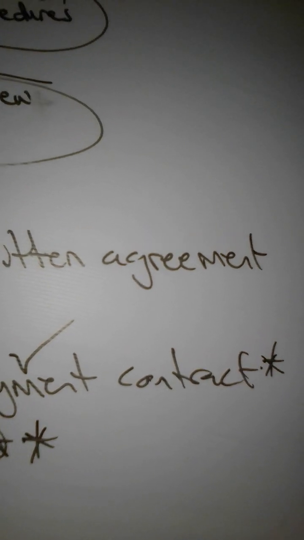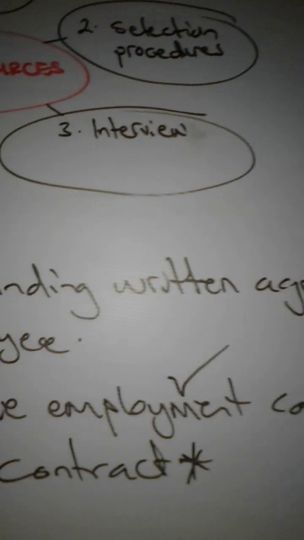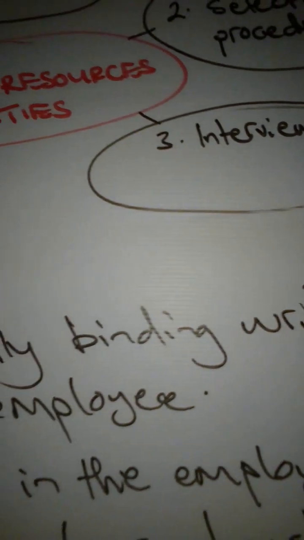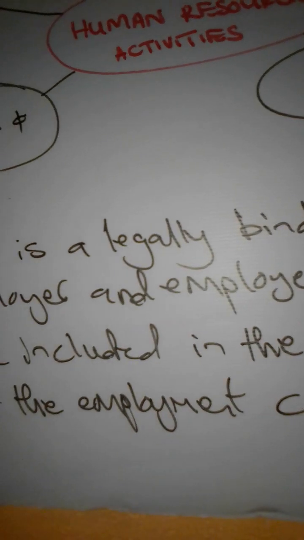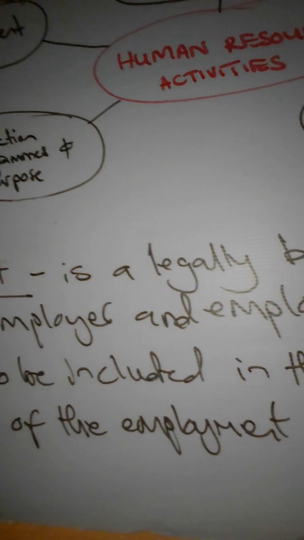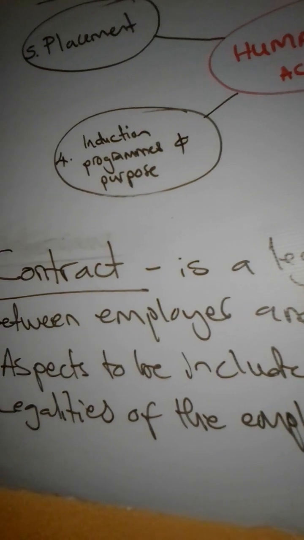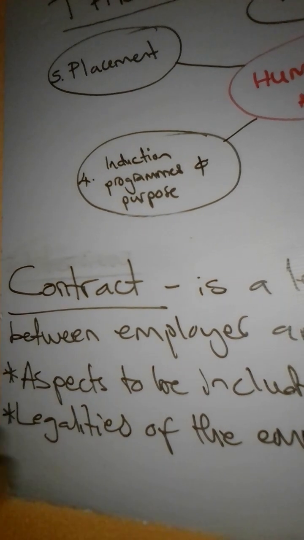All these things that I've just mentioned will actually make that contract legally binding. So now we're going to look at the legalities of the employment contract. Number one, an employment contract is an agreement between the employer and the employee, and it is legally binding. It is law.